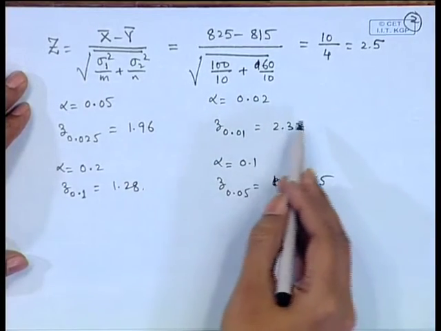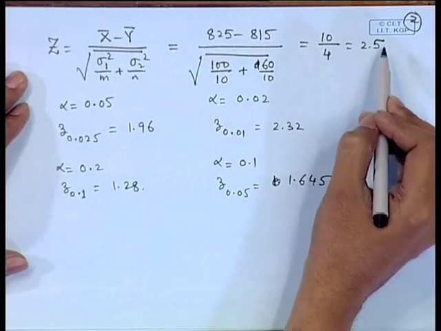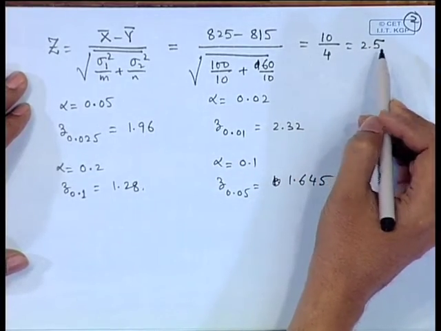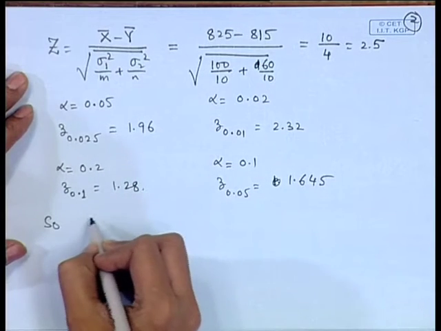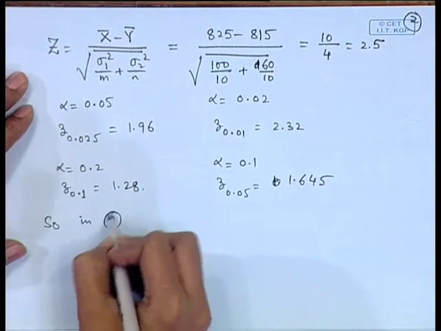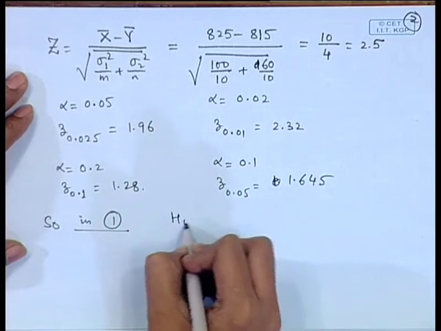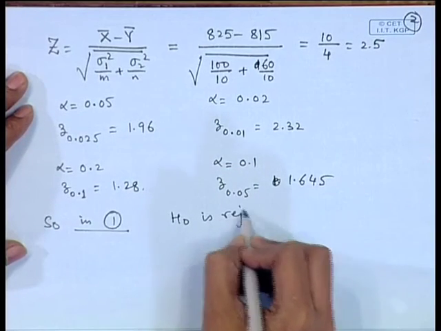You can see here all of these values are smaller than this value. Therefore, at any practical level of significance, in testing problem 1, H naught is rejected.